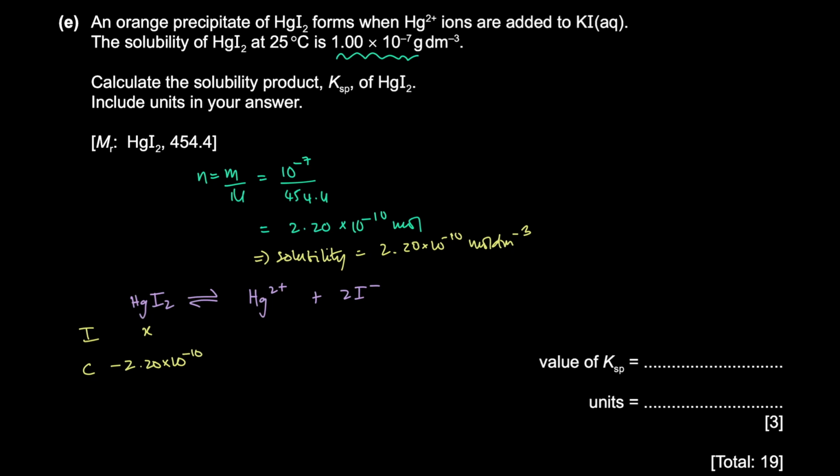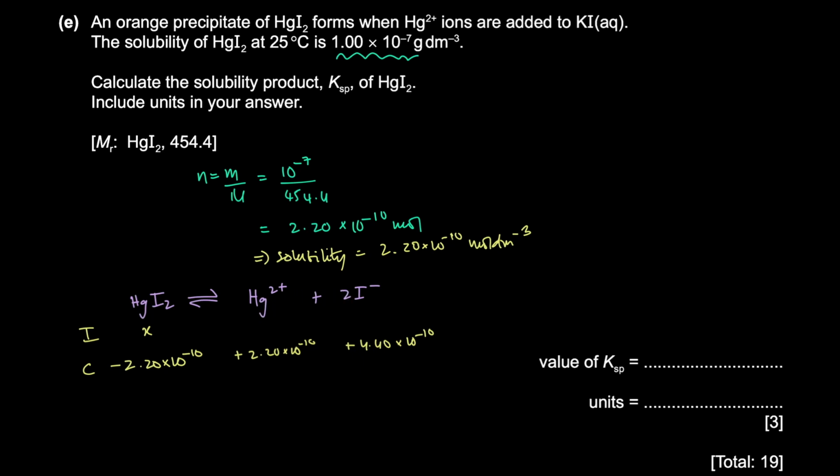So can I say that this is how many moles of mercury 2+ ions were formed? Because we have a 1:1 ratio here, and over here I can say that I had 4.40 × 10^-10 moles per decimeter cube of iodide ions forming.